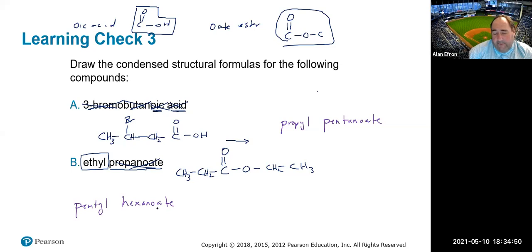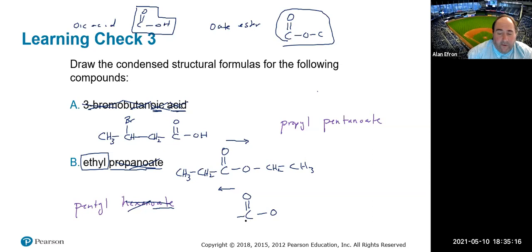Doing the same sort of approach for our next one, that's oate, which is our ester. Again, we probably want to start with that connection point there. The hexane part is going to come from the carboxylic acid, which is going this way, away from the double bond, away from the single bond, away from all the oxygens. That's going to be 6.